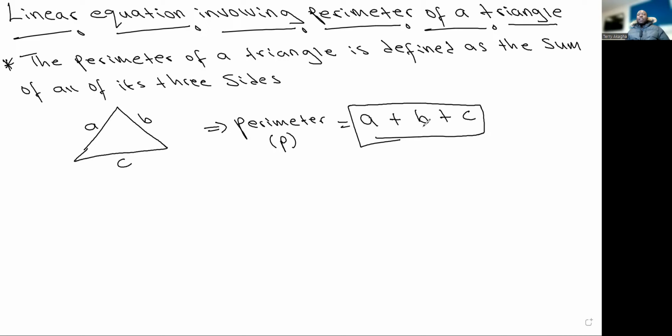So that means in order for you to find the perimeter, you must know the three sides, okay? So in order to find the perimeter, you must know the three sides. And how do you do that? Basically, there are some things to keep in mind.